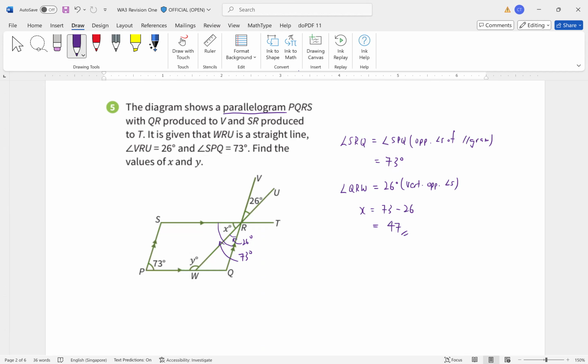So how can I find Y? Once again, it's a parallelogram and they've drawn the parallel lines for you. So we can actually make use of just one property to find Y straight away. What can you say about angles X and Y? They are interior angles, right?